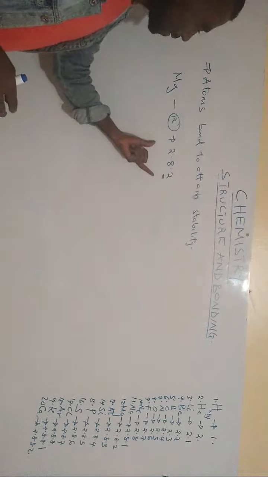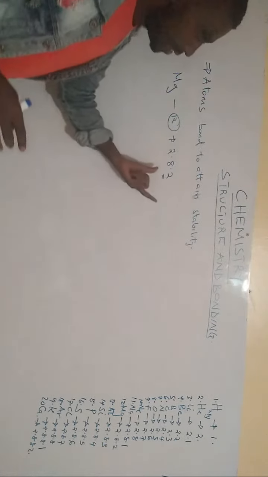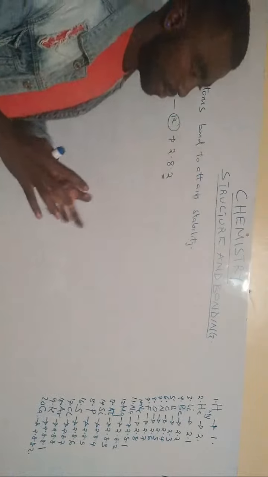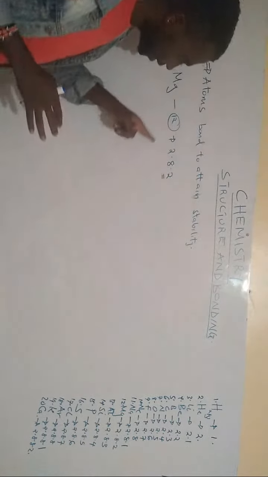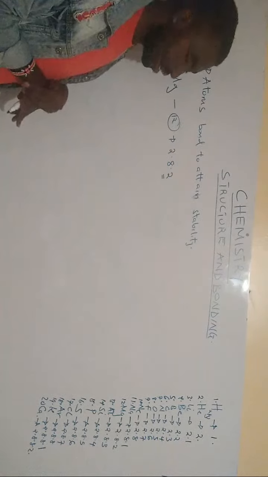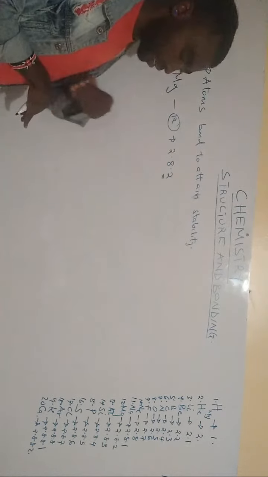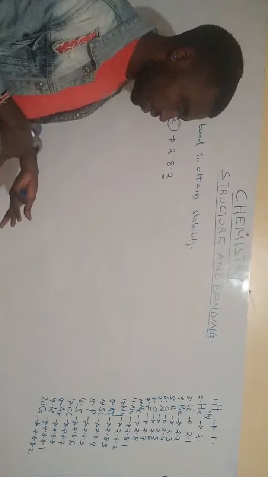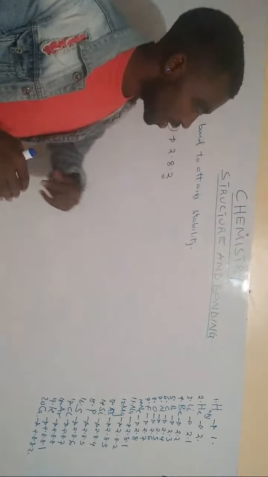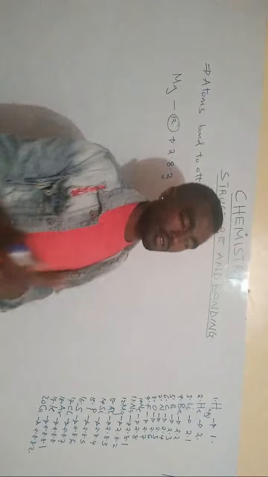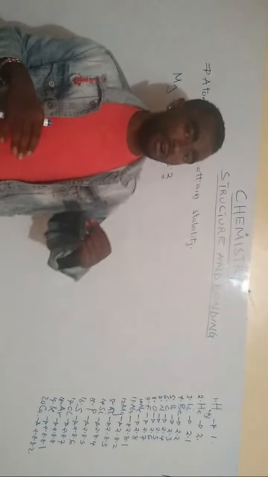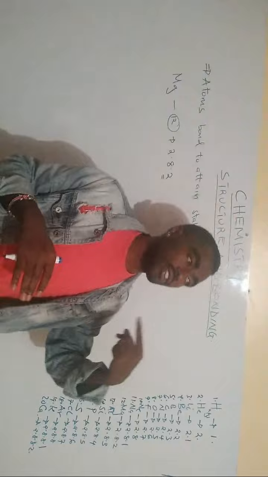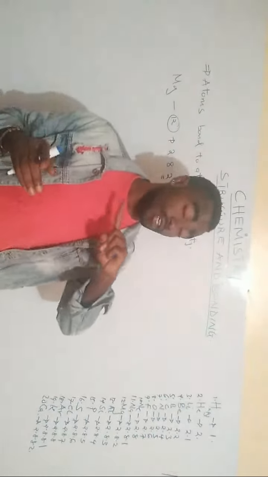Now let's get to this. Remember, we said atoms bond together to attain stability. So magnesium, when it is this way, is not stable. For it to be stable, it has either to lose electrons or to gain. And when elements lose or gain electrons, they form ions with a charge equal to the valency of what they have lost or gained.